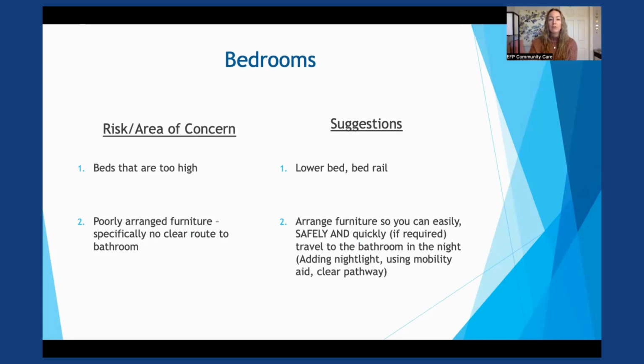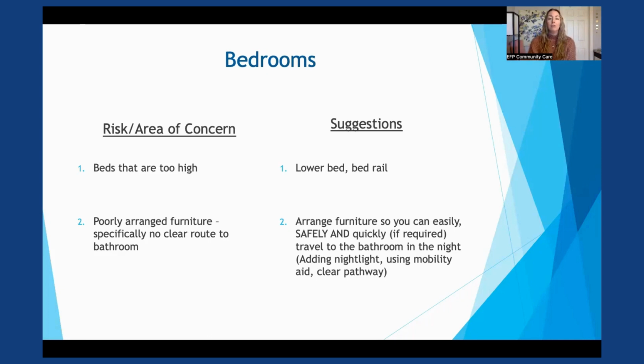Poorly arranged furniture in the bedroom, specifically if there's no clear route to the bathroom. We kind of talked about this a little bit with the night light. We want to make sure our furniture is arranged so we can easily, safely, and quickly, if required, travel to the bathroom during the night. So adding a night light again on that path to the bathroom is huge.